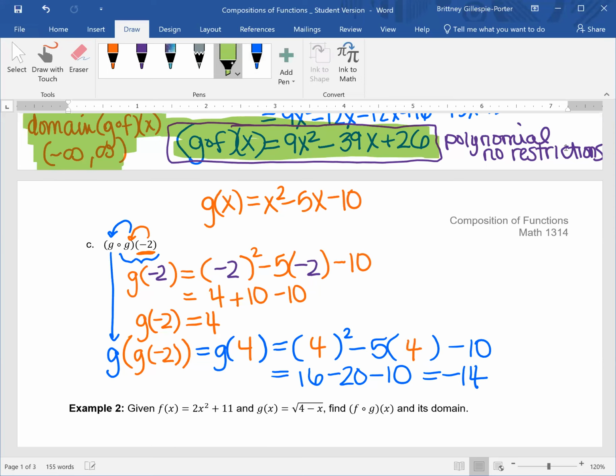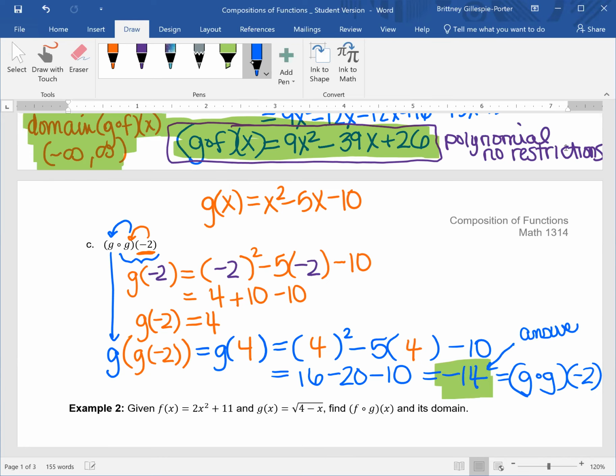And that is our answer. Okay. g composed with g of -2 actually gets us -14. The only answer that you would need to put into your homework would be -14.